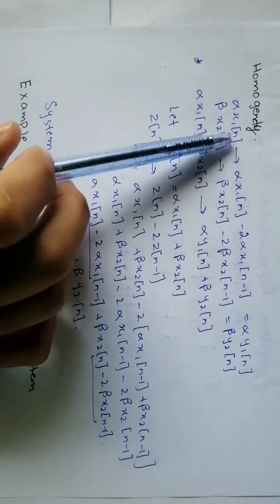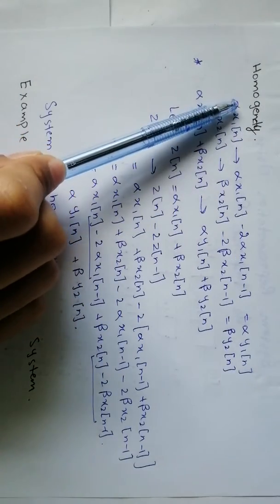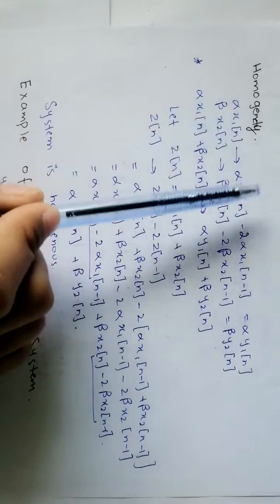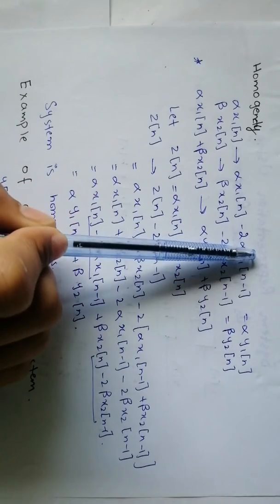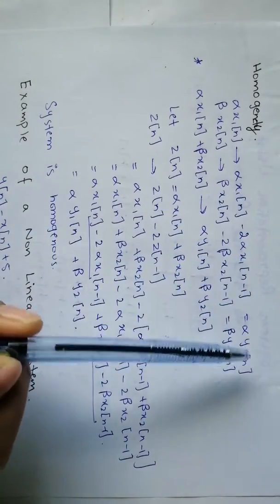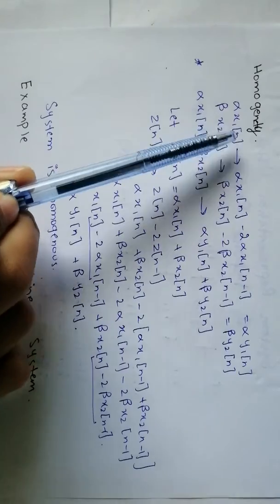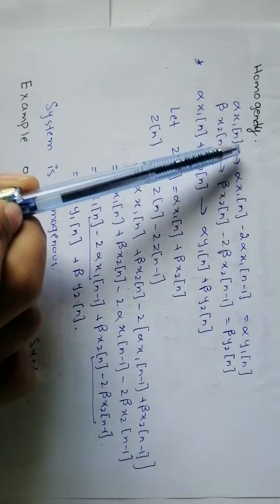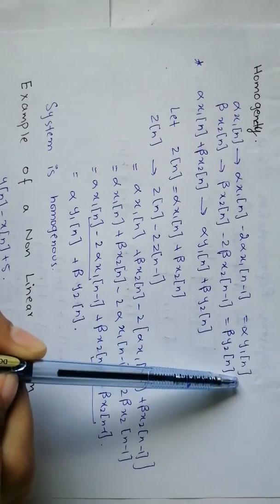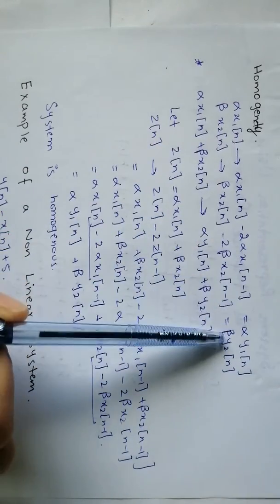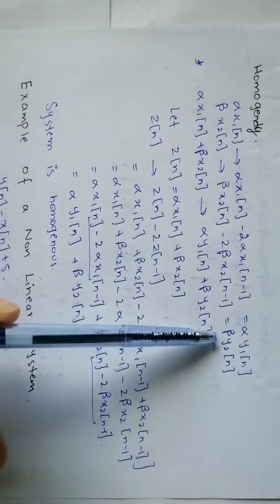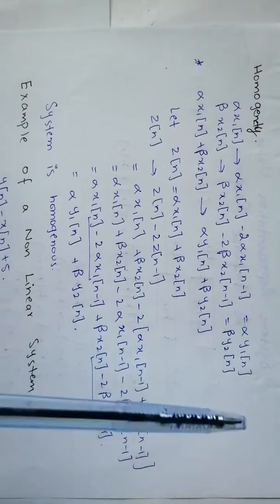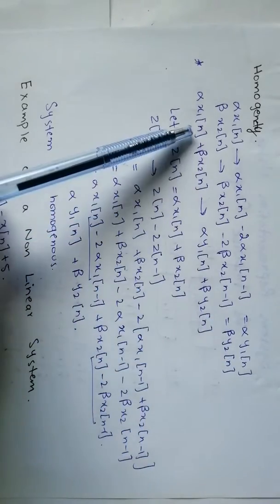Now we'll discuss the homogeneity property. It shows that when the input is multiplied by some scalar quantity, the output should be multiplied by that quantity too. So we say that alpha x1 of n will give alpha y1 of n. Same with beta x2 of n, it will give beta y2 of n. Why are we adding these?